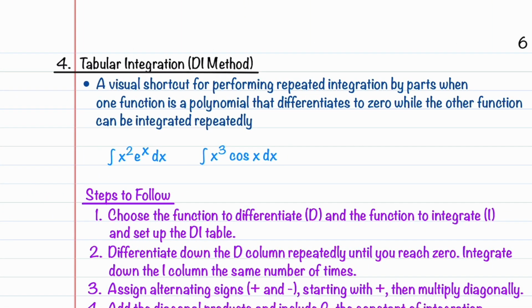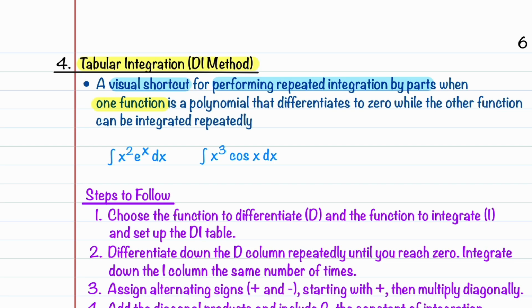We're going to now learn about tabular integration, otherwise called the DI method, and this method can save you a lot of time for certain integrals. This method is just a visual shortcut for performing repeated integration by parts when one function is a polynomial that differentiates to 0.